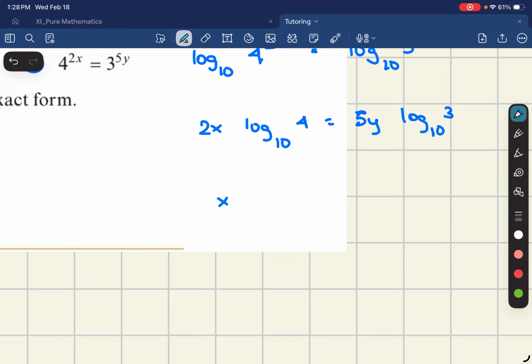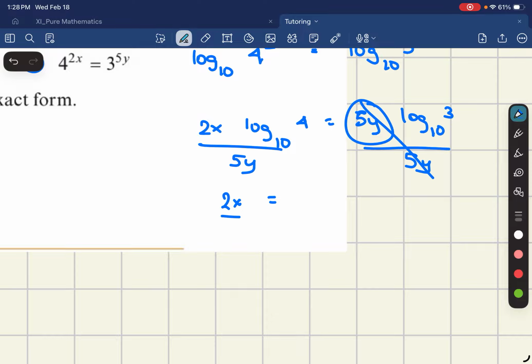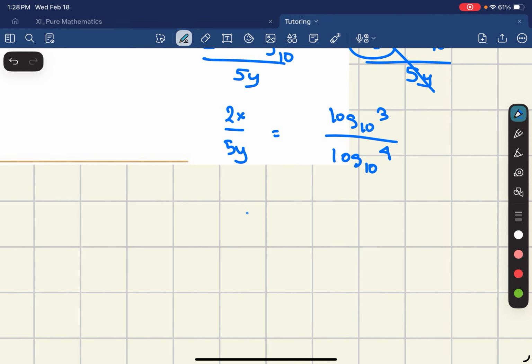And I can say, hey, well, my x, so if I just want to isolate 2x, I can divide 5y from both sides. And these cancel out. So I get 5y here, or I can bring 5y to this side. And on the other side, I have log base 10 3 divided by log base 10 4. And now I can multiply by 5 on both sides.